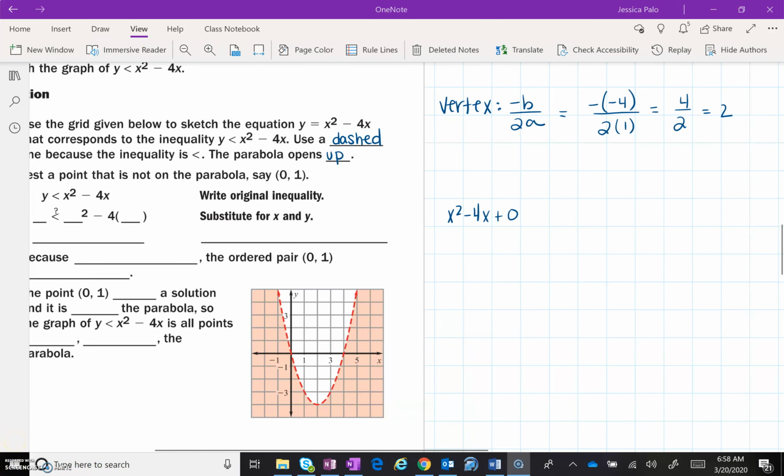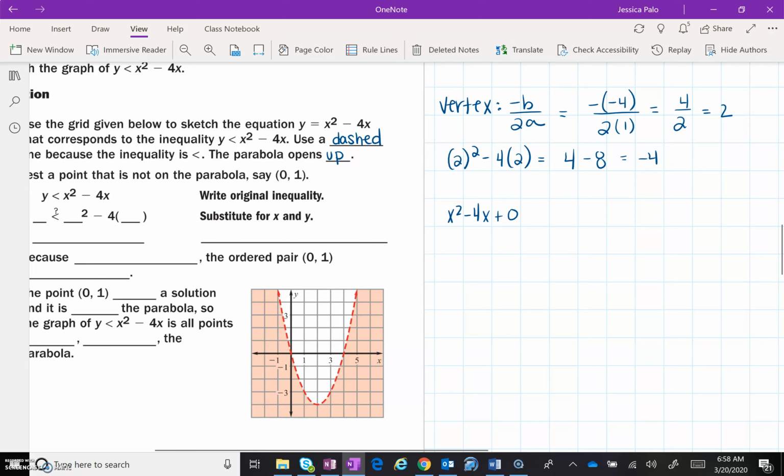So the first thing we're going to do is find our vertex, negative b over 2a. So you plug that in and you get the x coordinate of 2. Now we're going to go back and plug this in to the original, which gives you 4 minus 8, which gives you negative 4.